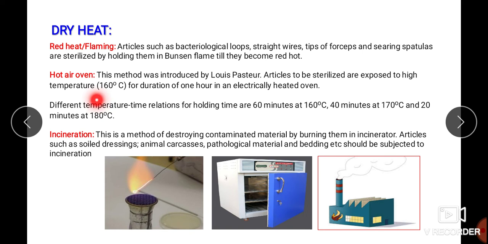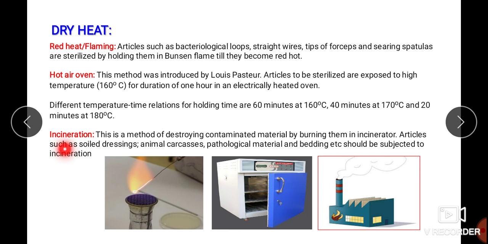A temperature of 160 degrees Celsius is used for 1 hour. There are different time and temperature relationships for holding: 60 minutes at 160 degrees Celsius, 40 minutes at 170 degrees Celsius, and 20 minutes at 180 degrees Celsius.